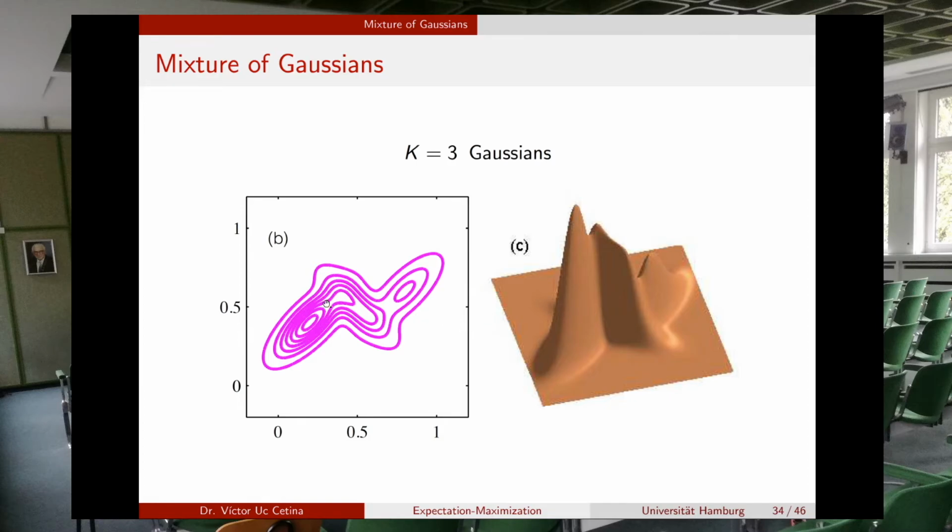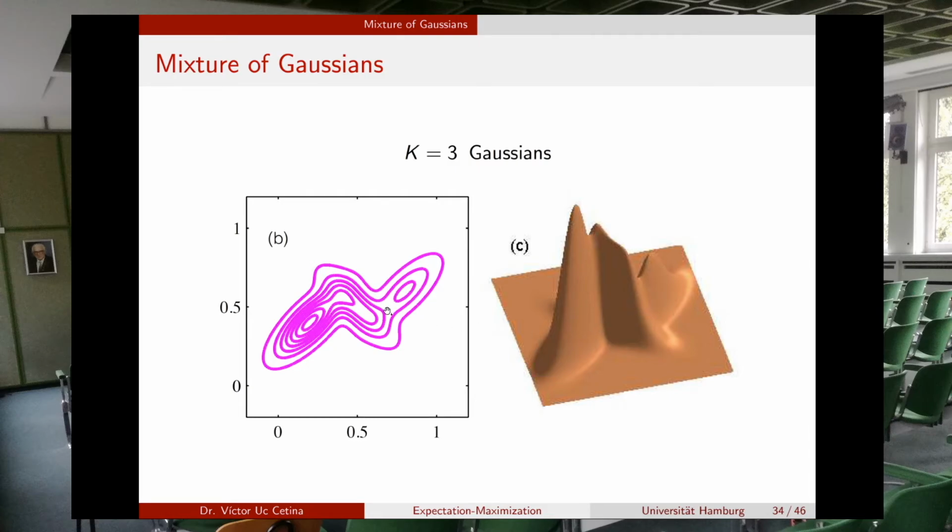Given a point in this 2D space, suppose that the observation x is here, you will compute a probability, and given this probability, using the Bayes rule like in Gaussian discriminant analysis, you will classify that point or assign that point to each of the groups, to each of the clusters represented here by each one of the Gaussians.